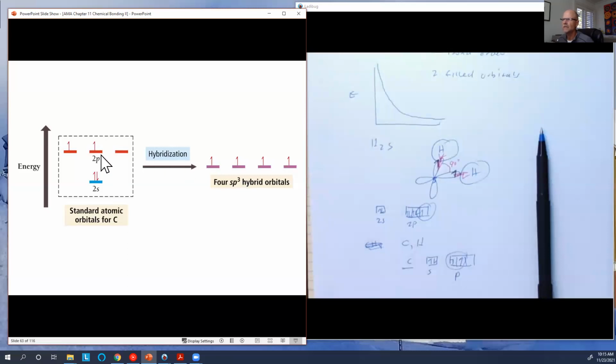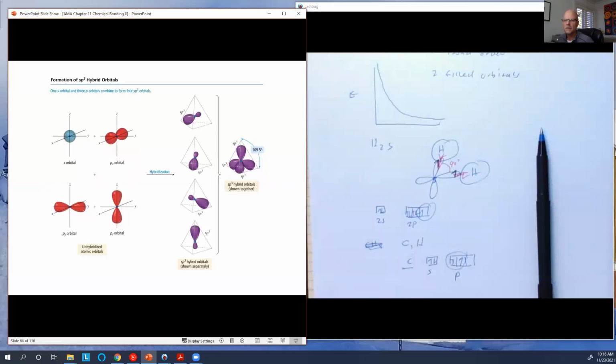Notice that in the case of the s and p orbitals, they have different energies. In the case of these hybrid orbitals now, they all have the same energy, all right? They're all degenerate. So when you put the 4 electrons that are in carbon into the hybrid orbitals, they occupy them singly with parallel spins. And now you can see that with hybridized carbon orbitals, you can form 1, 2, 3, 4 bonds.